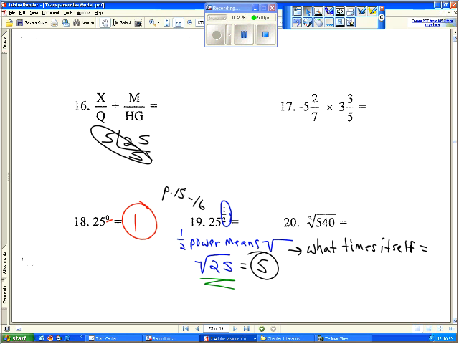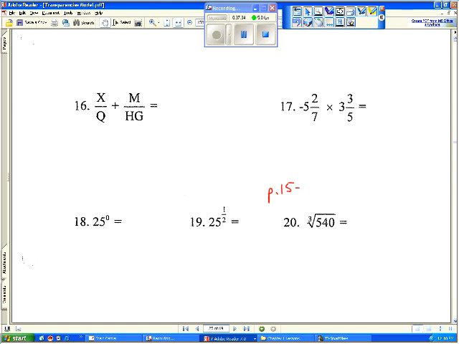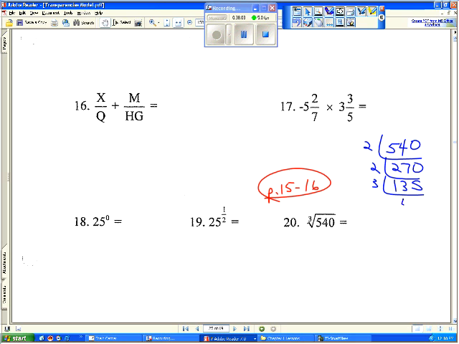Now number 20 takes us to page 15 and 16 where we're doing a big simplifying of a radical. On page 15 it's got steps 1, 2, 3, 4, 5, 6 in the form of A, B, C, D, E, and on page 16 it's got the example of how to do it. So to simplify a radical, what do you do first? Prime factorization. So we take the 540 divided by 2 is 270, divided by 2 is 135, 5 and 3 is 8 and 1 is 9, so 3 will go into that, 45.